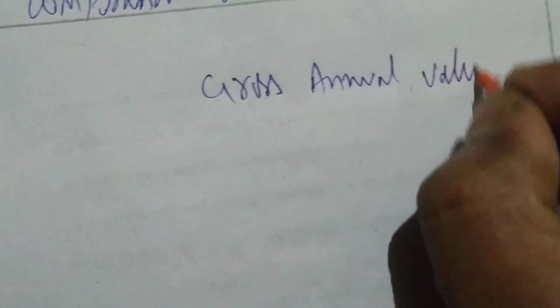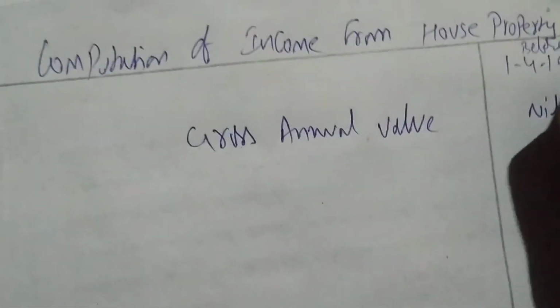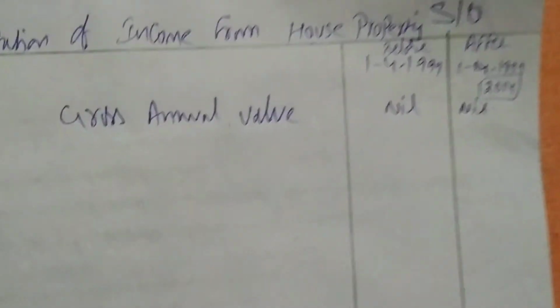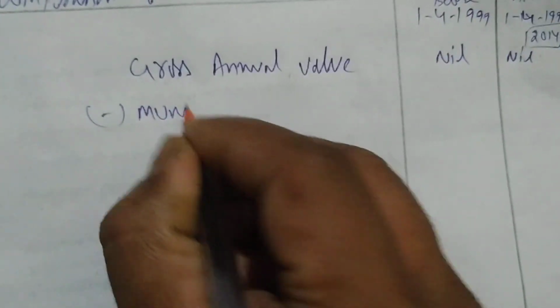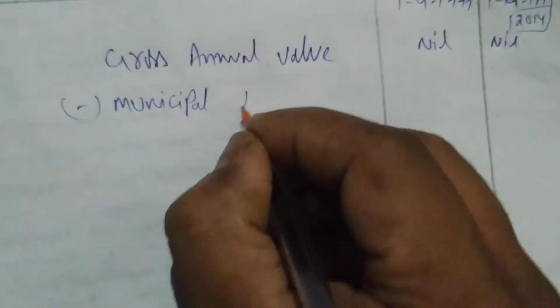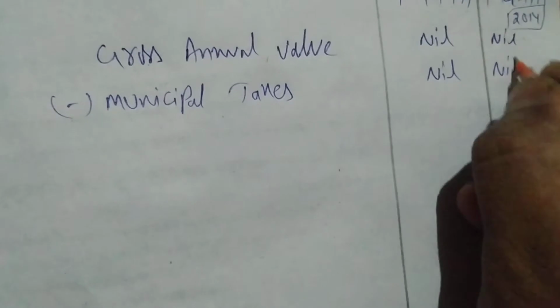Okay, so here GAV is what? Gross annual value will be nil in both the houses because both houses are self-occupied. In both the cases nil, minus municipal taxes is also nil. Okay, then what? Net annual value.